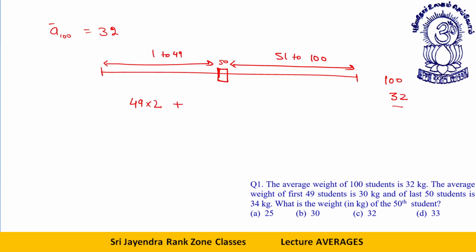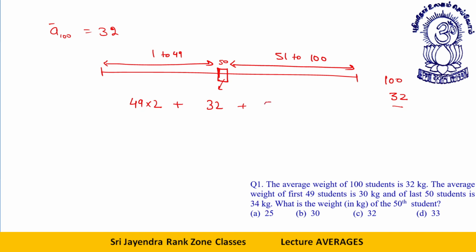Okay, the entire weight will be provided by the student only. Let's say this is 32 kg. If he is 32 kg, rest all should be 32. But these are 2 less than 32. So all these 49 students will be provided by a weight of 49 into 2, plus the 51 to 100 students are 34 kg.